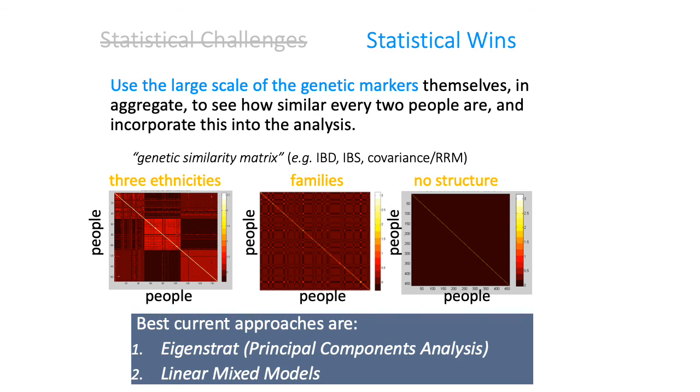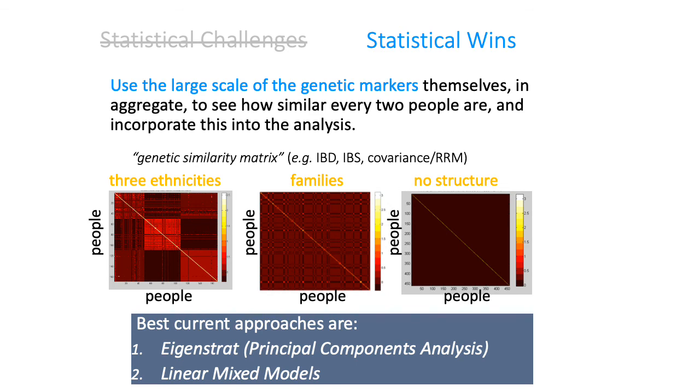And so the idea here is that a genetic similarity matrix is, number one, a way of quickly visualizing what the structure of your cohort is for your genetic association study. And secondly, it intuitively forms the basis of the inputs to different approaches like principal components analysis, which can help you convert these similarity matrices into covariates that you can then adjust for using some of the nested models that we talked about before.